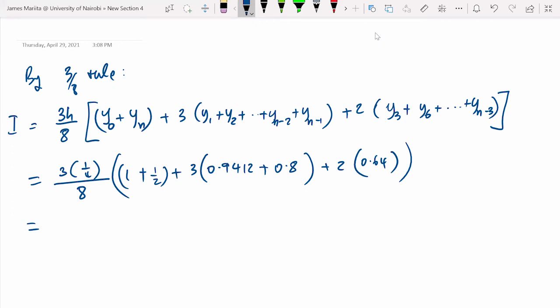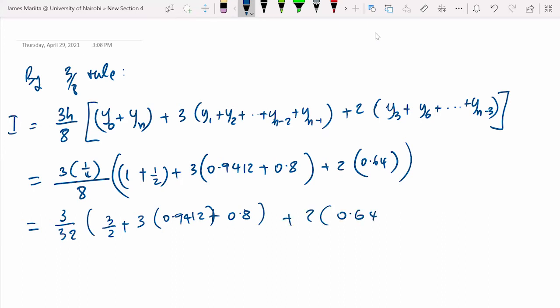So what's the value of this? 3/4 into 3/2 plus 3 times. You can find the value of that plus 0.8, then plus twice 0.64.